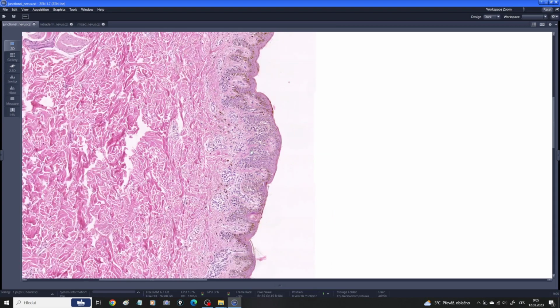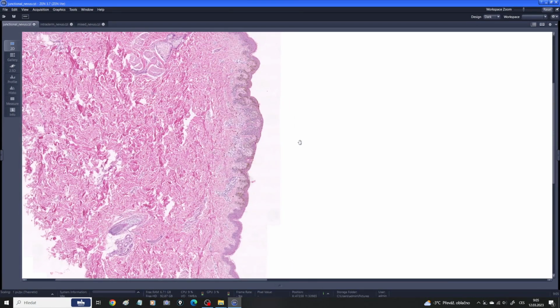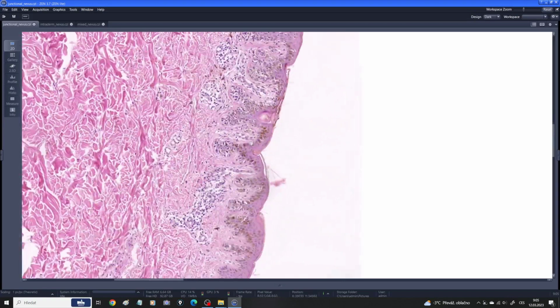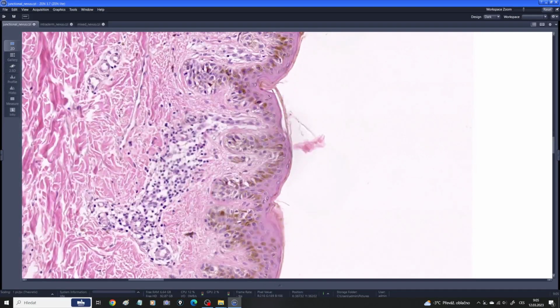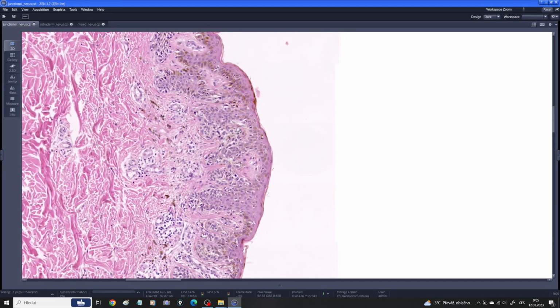Second, the lesion is symmetric. When we look at the lower magnification, we can see that the maximum is in the middle, and at the periphery the lesion diminishes. So here you can see a smaller proliferation of melanocytes, and then we go to the center, so the lesion is symmetric.